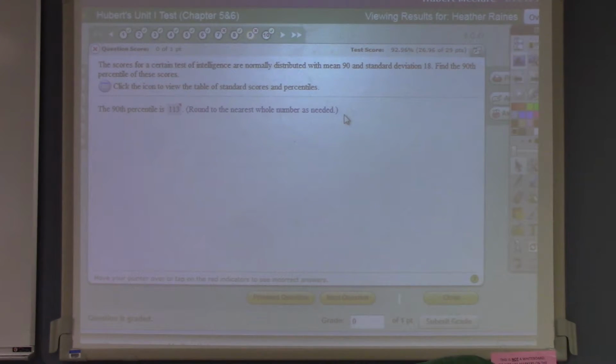And give you a hint. You might have to go backwards. In other words, you're not finding the percent. They're giving you the percent, the 90th percentile. That means 90%. That means that under the curve on the left-hand side is 0.9000.